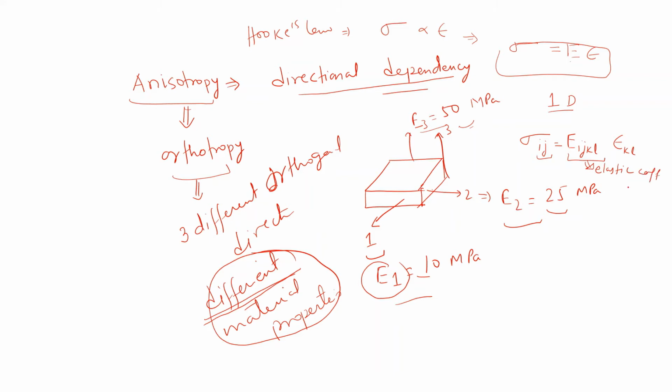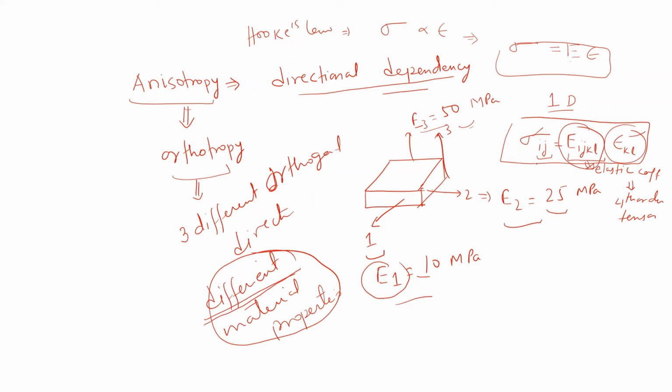It is a fourth order tensor, meaning ijkl, and this is the strain tensor epsilon kl. So now stress and strain are related with the help of E ijkl. It is a matrix now.